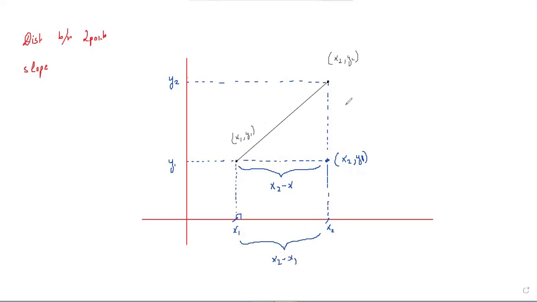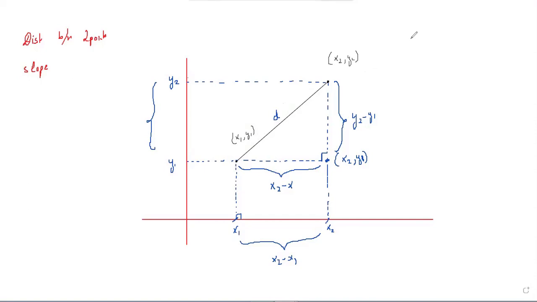Correct? Similarly, what about the distance of this side? Very similar to this. That's y2 minus y1. This is 90 degrees. And this is what I was looking for, D, the distance between 2 points. That's why we did all this.